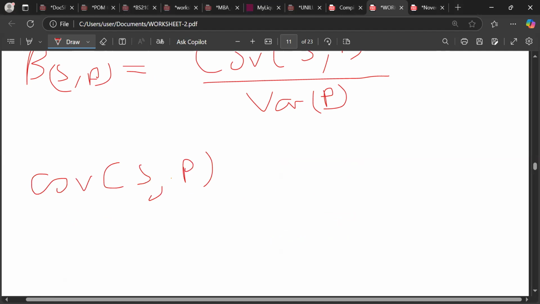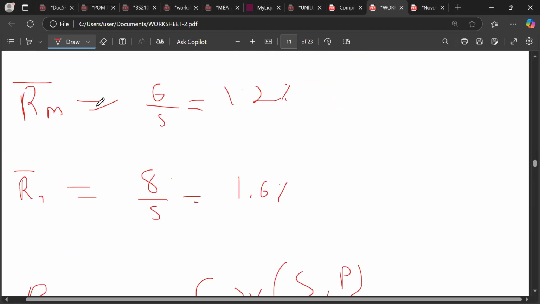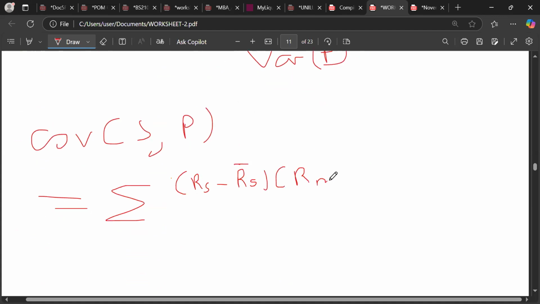This will be equal to the summation of the returns of Sophie minus the mean return of Sophie, also the average return of Sophie, times the returns of the market proxy, which we're calling RM, minus the average market proxy return, then over n minus 1.